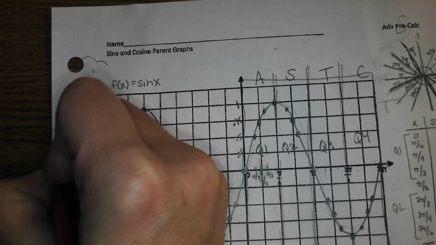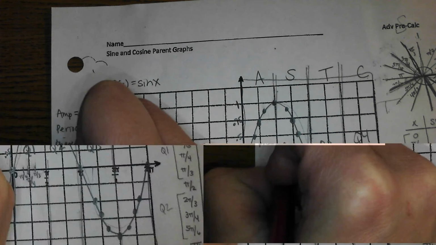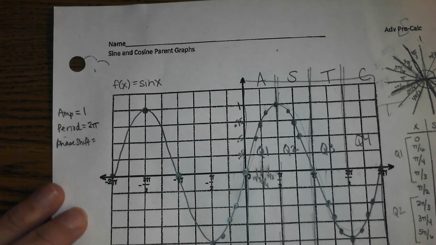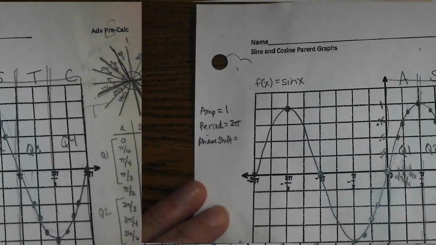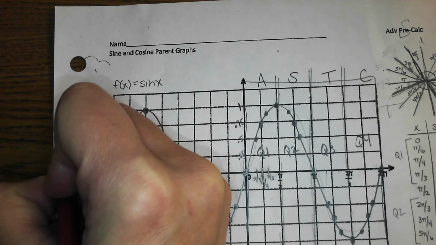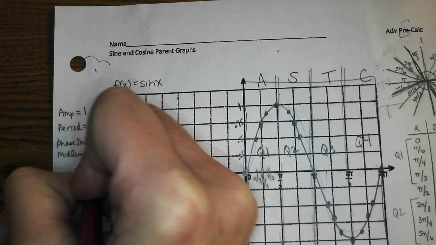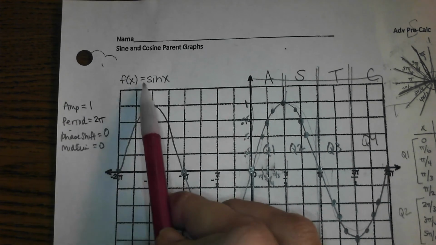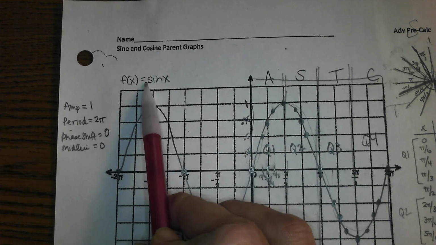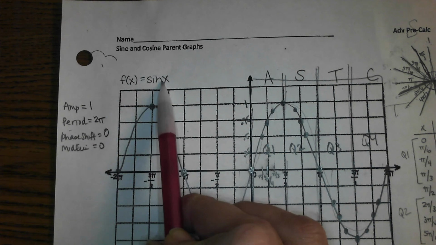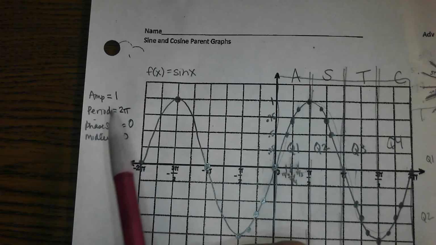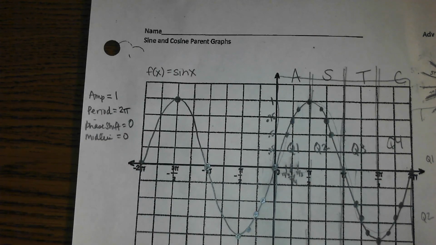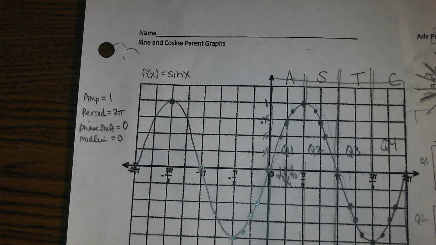What is your phase shift on the parent graph? 0, right? And your midline is also 0 on your parent graph. See, your amplitude is 1, that'll be the coefficient. Your B value is 1, so 2 pi over 1 keeps your period 2 pi, and your phase shift is 0, and your midline is 0. So I wasn't a liar after all.